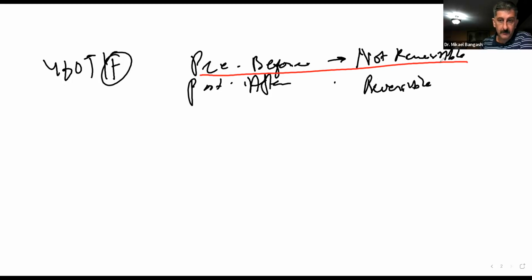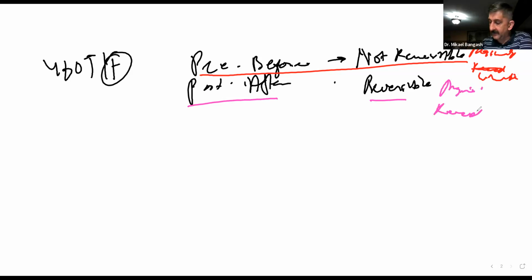Pre-processing, non-reversible, magnification was what we called write magnification. And post-processing was reversible, and we said that magnification was read magnification.